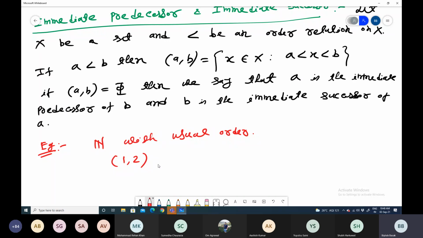That is just the empty set, right? So therefore here 2 is called the immediate successor of 1 and 1 is called the immediate predecessor of 2. Okay.